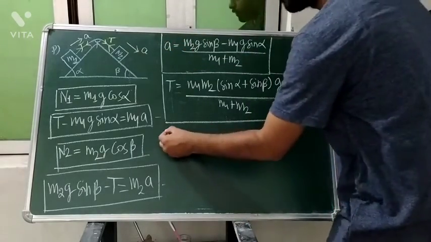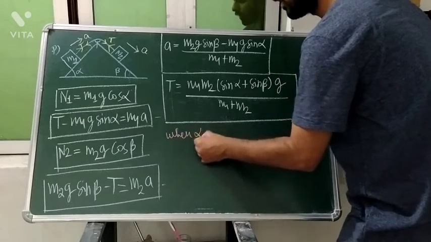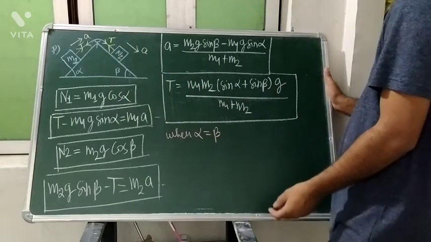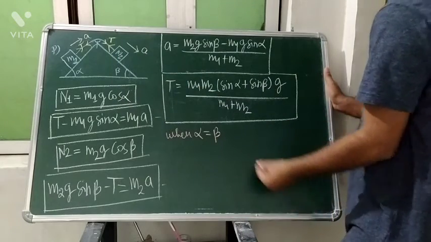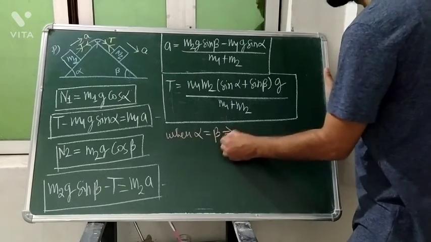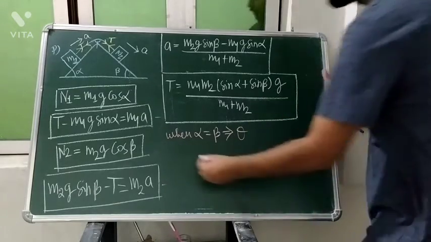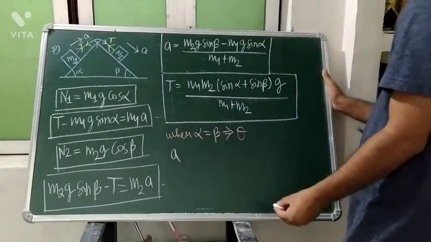So student, we can say when alpha is equal to beta, the angles are the same. Alpha is equal to beta, and that we can call theta. So what is the value of acceleration we are going to get?